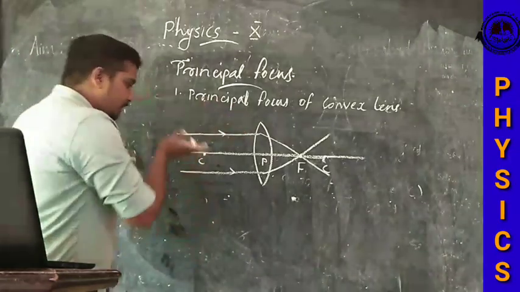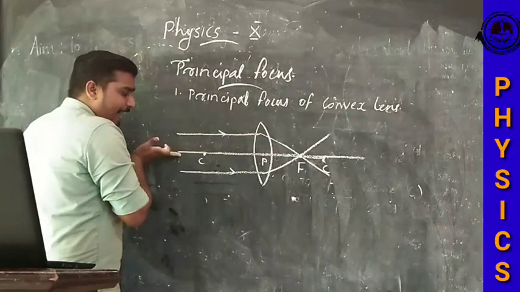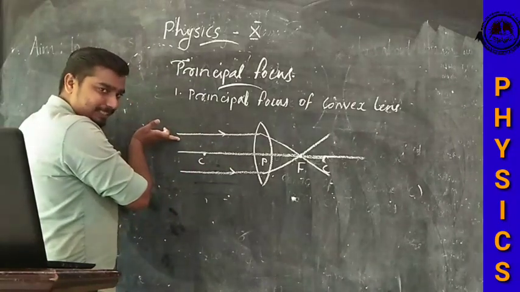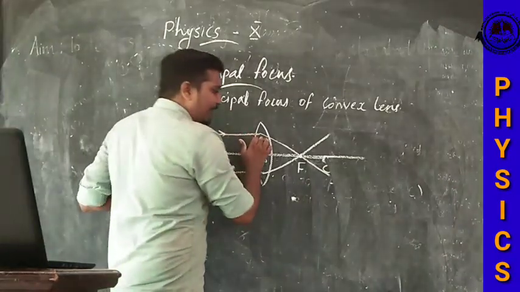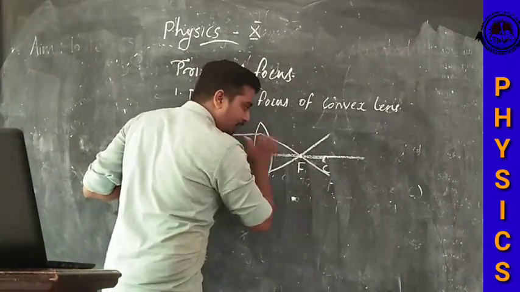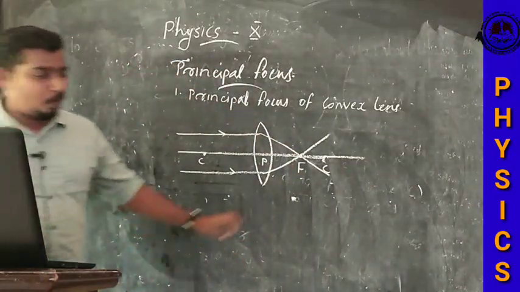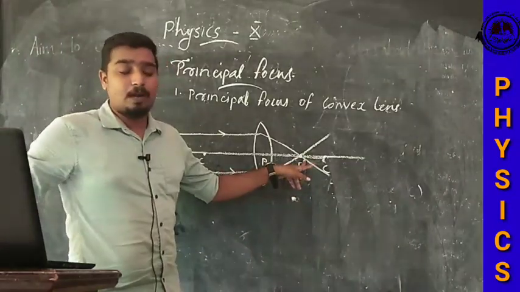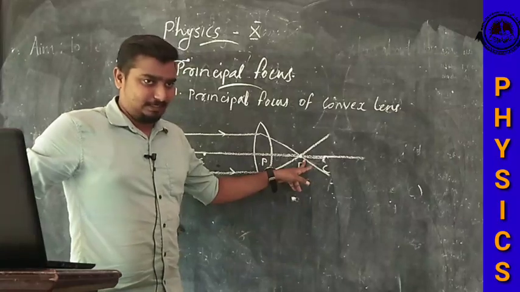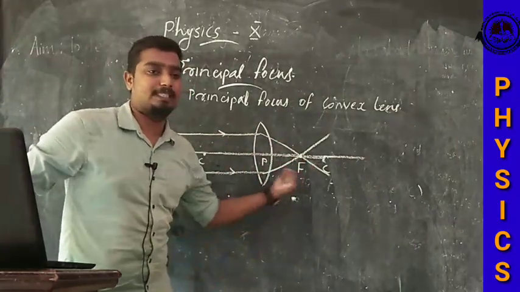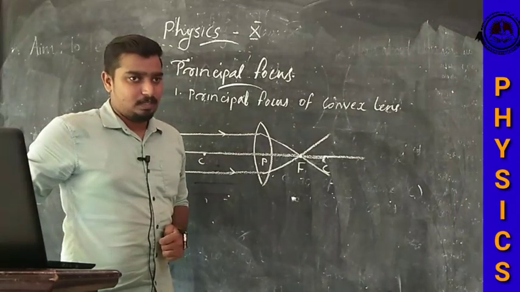I repeat, when light rays pass parallel to the principal axis, and the refracted rays converge to a point on the principal axis, that point is called the principal focus. Clear?